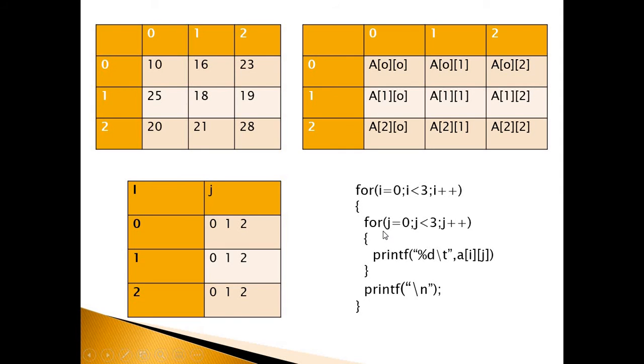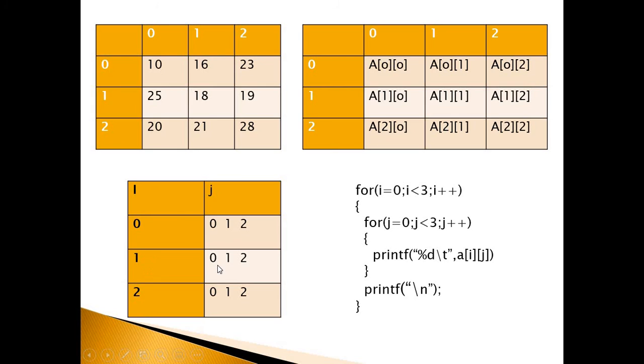It goes inside the i loop where again it executes the j loop with the value j equal to 0. Condition is true. It comes here, printf %d a of ij. Now what is the value of i? It is 1. And what is the value of j? It is 0.